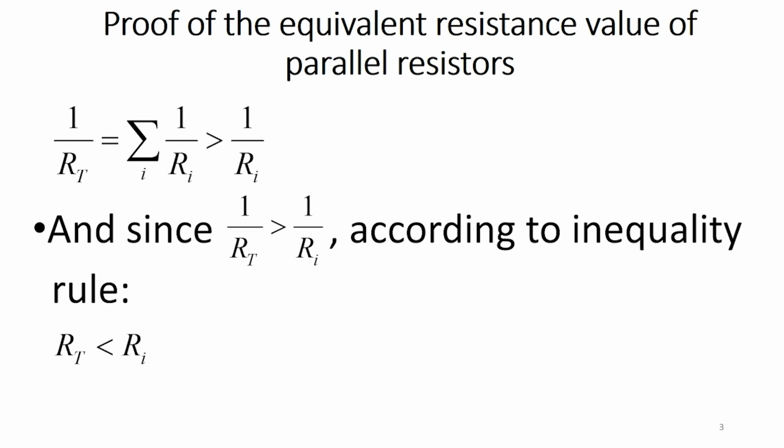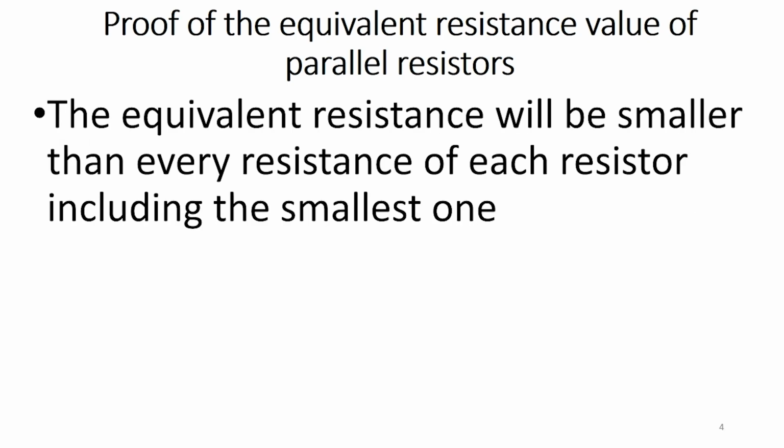This is greater than 1 over Ri, the individual resistance. And since 1 over RT is greater than 1 over Ri, according to the inequality rule, RT is less than Ri. The equivalent resistance will be smaller than the resistance of each resistor, including the smallest one.